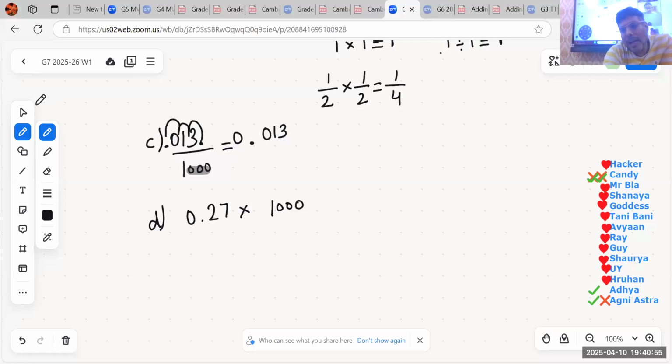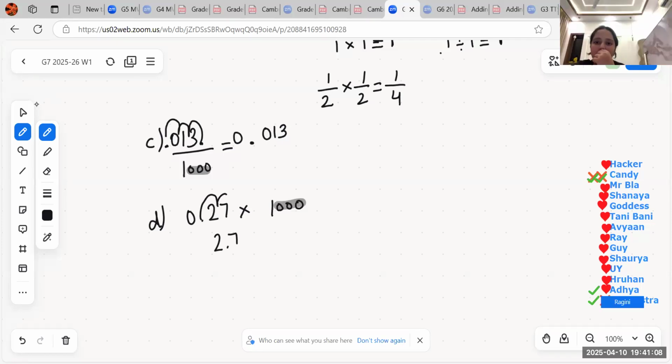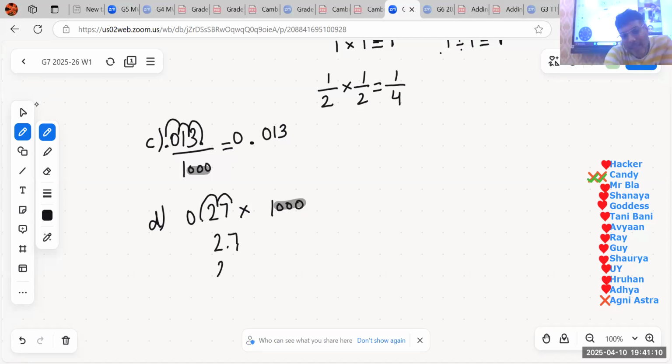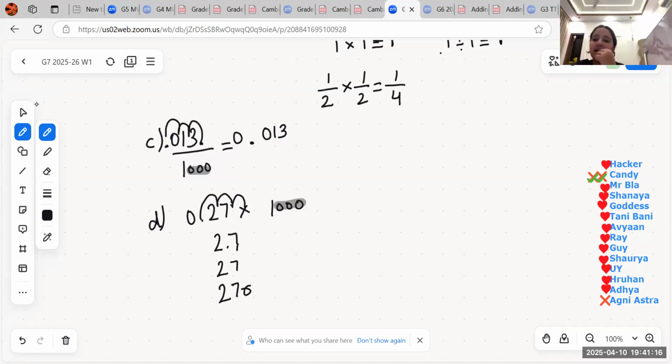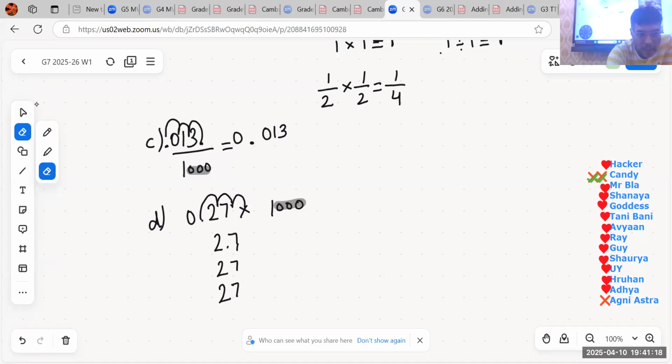And when I multiply, I shift 3 places to the right. When you shift 1 place to the right, it becomes 2.7. When you shift 2 places to the right, it becomes 27. When you shift one more place to the right, it becomes 270. Okay.